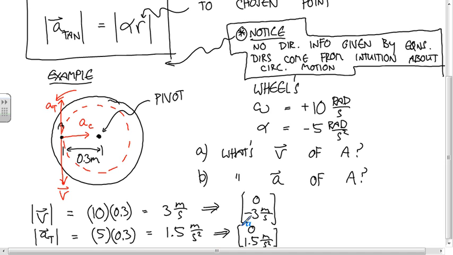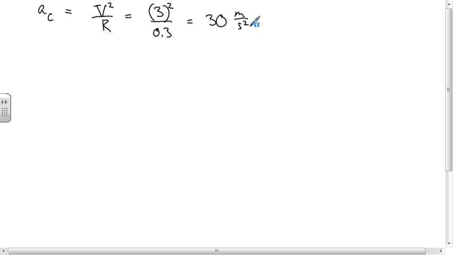To get the total acceleration, we have to figure out the centripetal. The magnitude of the centripetal acceleration is the speed squared over the radius, which is 3 squared over 0.3. So 30 meters per second squared. And what are the components of the centripetal acceleration? Yeah, 30 x, 0 y.